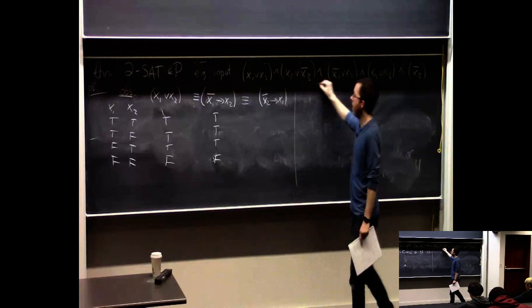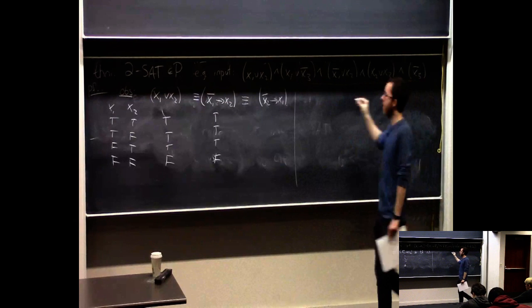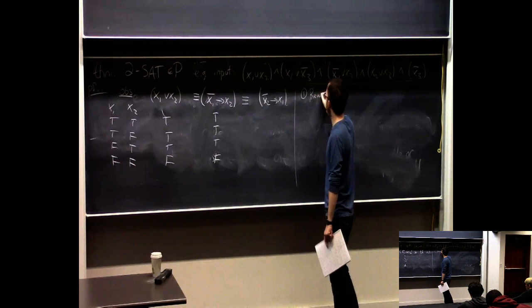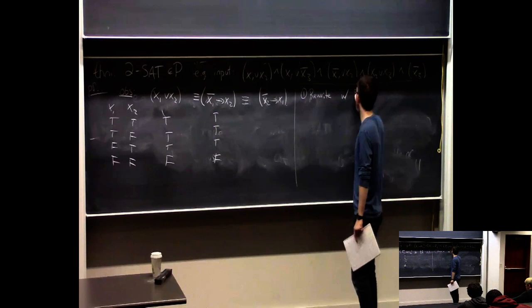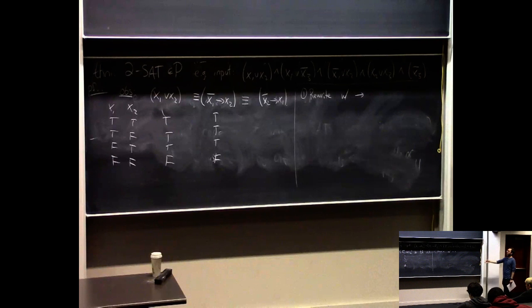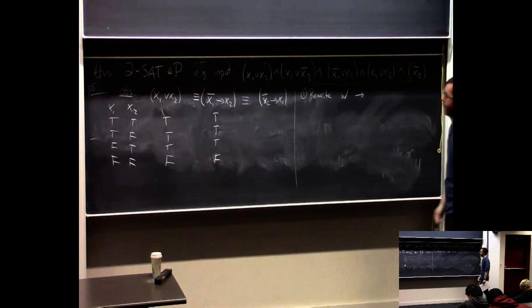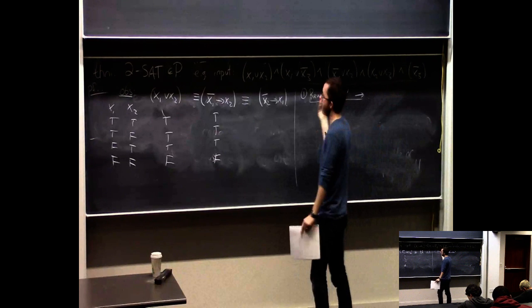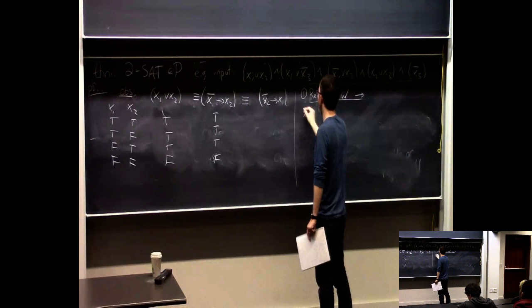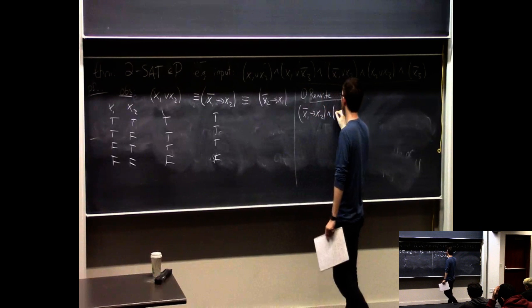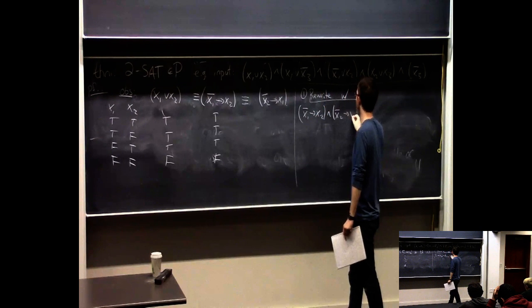So step 1 of the algorithm for 2-SAT, you don't really have to do this step, but it's helpful mentally. It's just rewrite the input with these implies, and use both equivalences. For this example input, I would imagine that it's literally the same as not x1 implies x2, and the other way, not x2 implies x1.